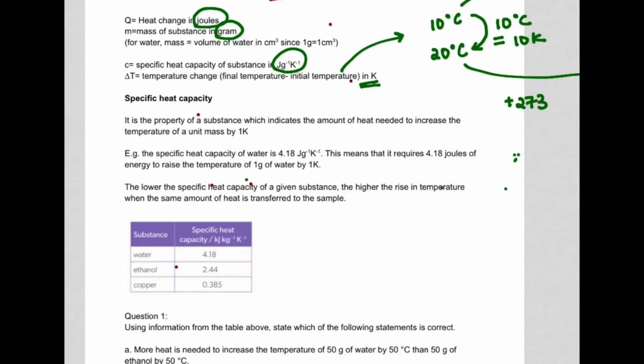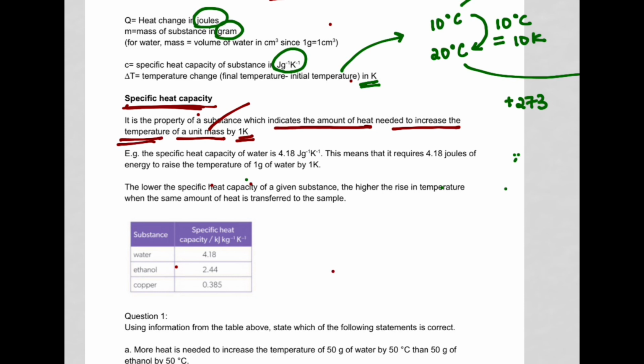Now, C is specific heat capacity. Specific heat capacity indicates the amount of heat that is required to increase the temperature of a substance of 1 kilogram or 1 gram by 1 Kelvin. So it depends on the unit of mass.